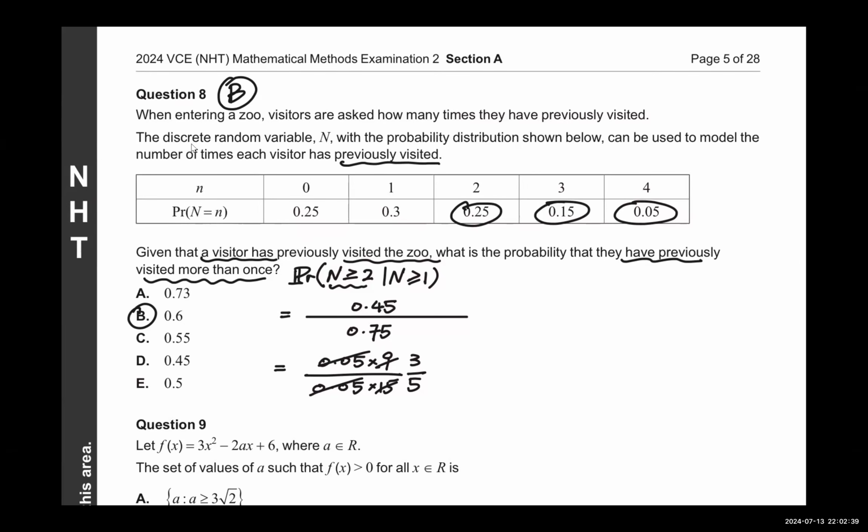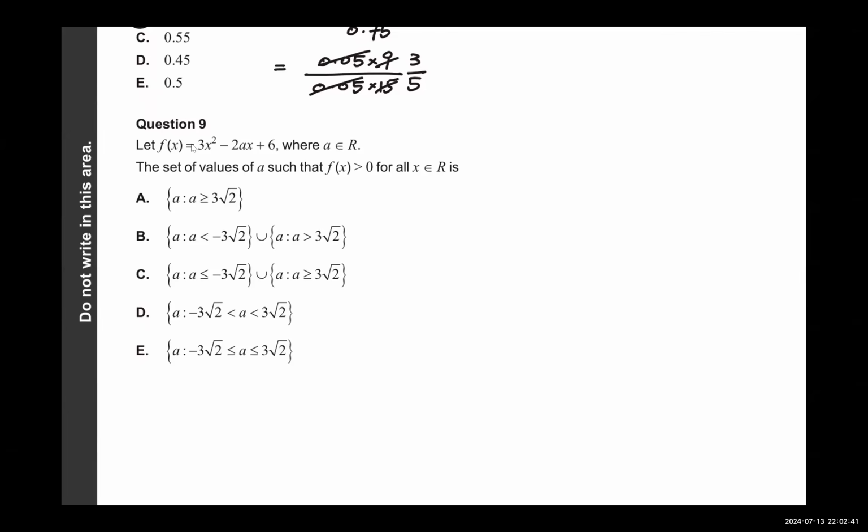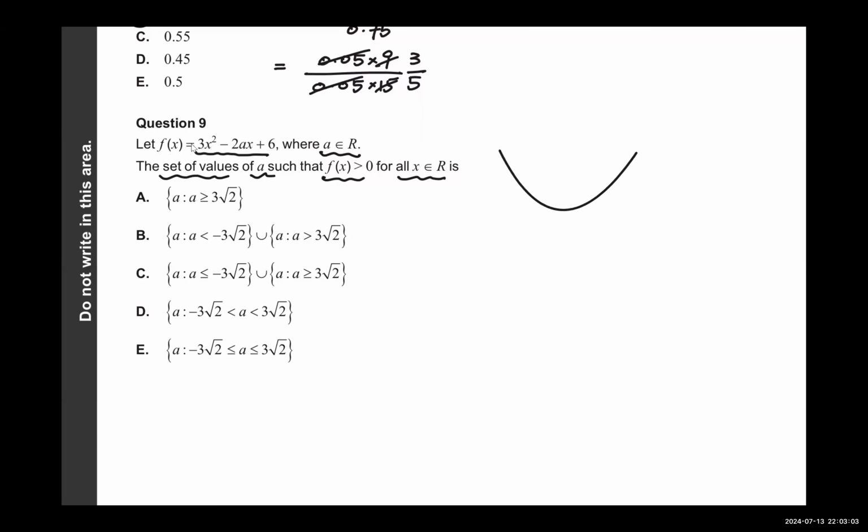Okay, now question 9. Let f of x equals 3x squared minus 2ax plus 6, where a is a real constant. The set of values of a such that f of x greater than 0 for all x belonging to R. Okay, so this is a quadratic function because the leading coefficient is 3.